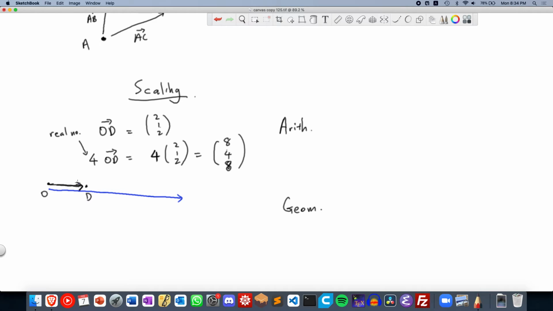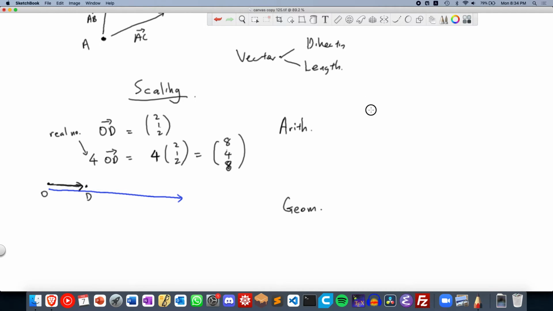A vector has a direction. I didn't mention this previously, but a vector has a direction and it has a length. You probably learned this in physics. So by scaling a vector by a real number, you're increasing its length, right? Scaling increases its length, but it keeps it in the same direction.